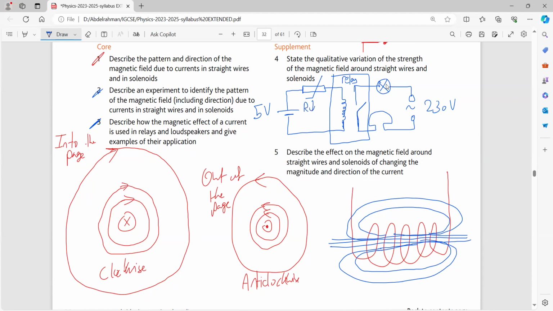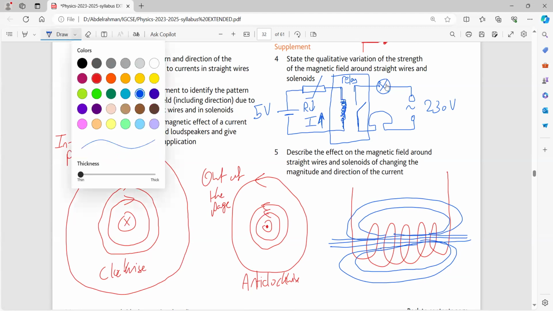When the resistance decreases, what happens to the current? The current increases. So when you have an increased current in the magnetic coil, what happens? You'll have a stronger magnetic field.